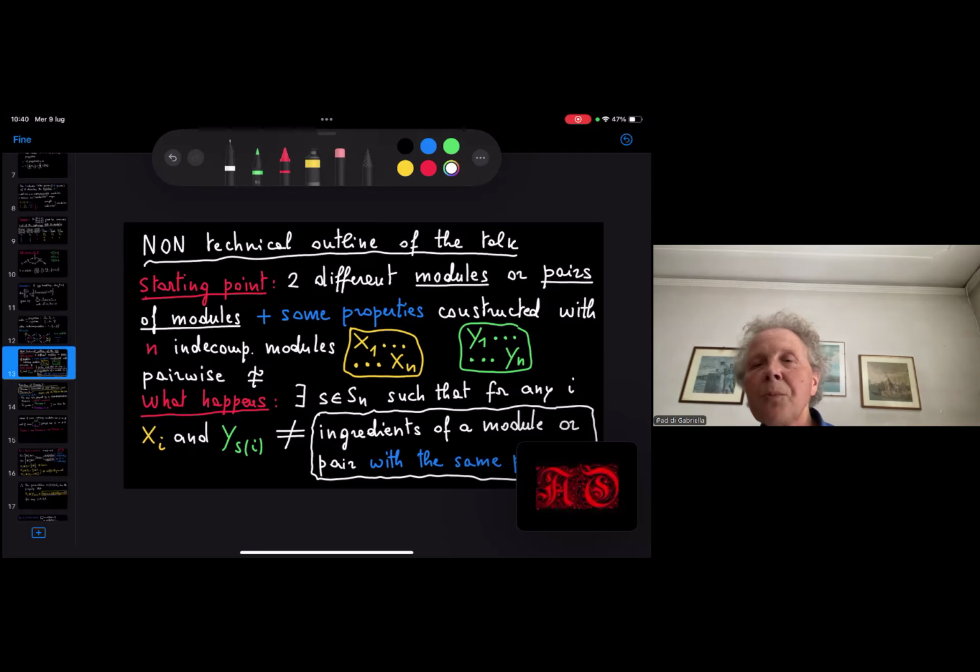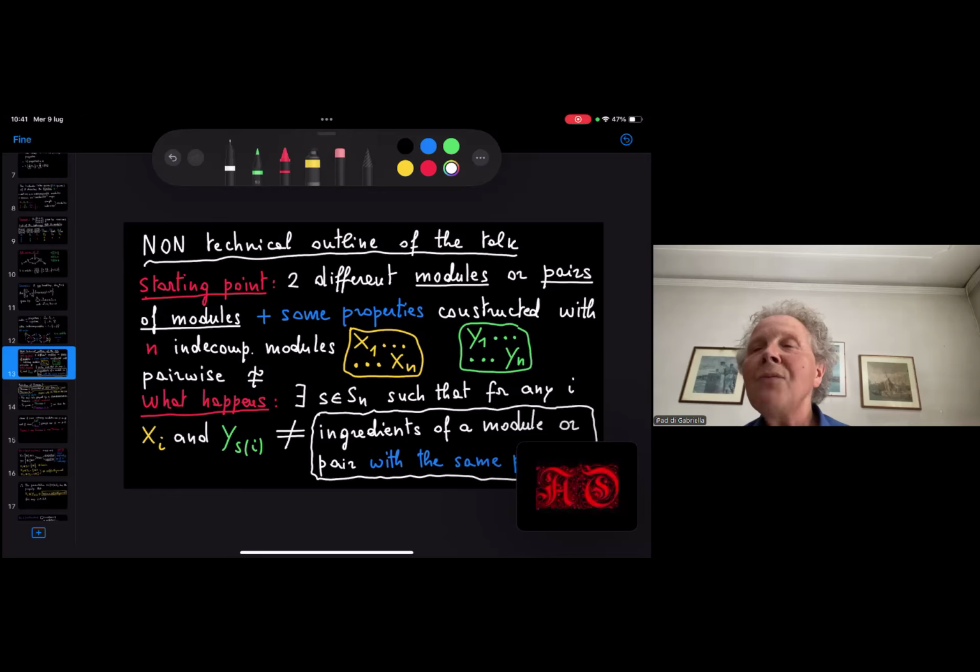What happens, the surprising fact, is that always there is at least one permutation S in the symmetric group Sn, such that for any i, if we compare xi and y_S(i), the corresponding modules, so a yellow module and a green module, we have that these 2 modules cannot be ingredients of a module or of a pair of modules with the same properties of the 2 objects we started with.